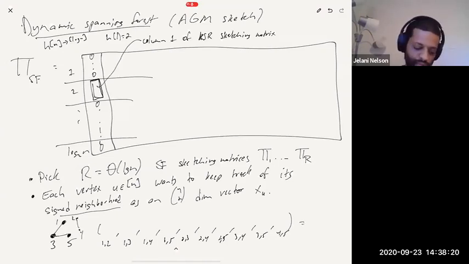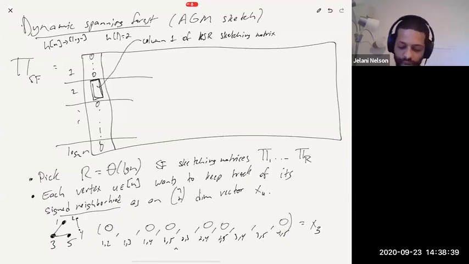And let me draw for you what x3 would look like. Any edge that doesn't touch 3, I put a 0 there. So this doesn't touch 3, this doesn't touch 3, all these don't touch 3. And now 3,4 is also not an edge, so I put a 0 there as well.